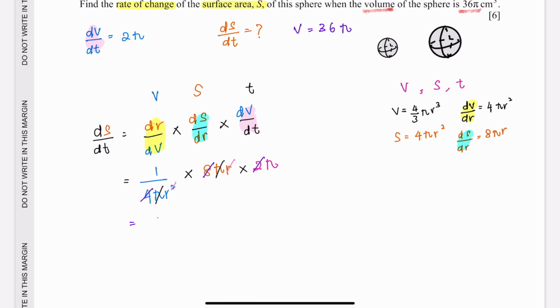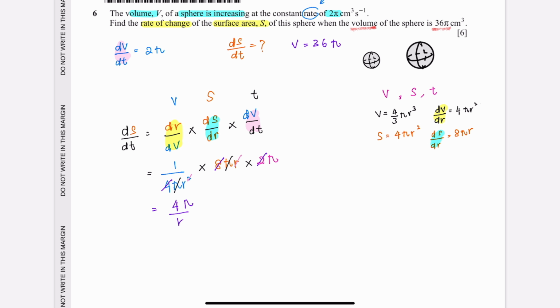Now, they did give us information that when the volume is 36 pi, let's use that information to find our r. We're going to substitute it here. V is equal to 4 over 3 pi r to the power 3.